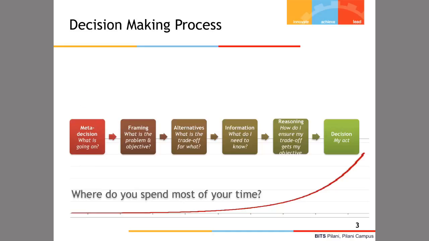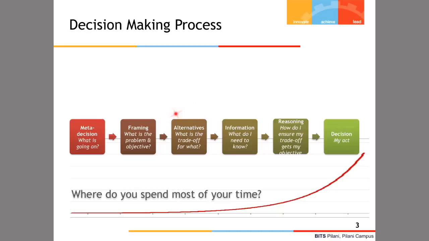And once you get a fair idea about what's going on, then you can go ahead and define the problem. Once you define the problem and set the objective of your decision making, then you can start looking at the alternatives that are available to you to choose from.